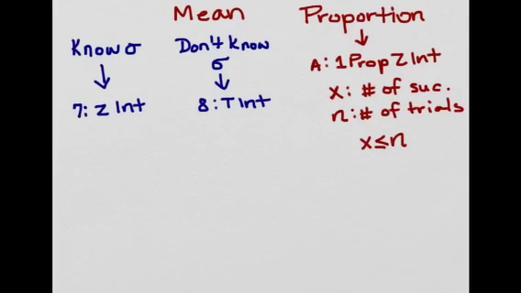So, how do I know if I know sigma for the problem? Well, here's the symbol for sigma. You can remember from back at the beginning of the semester that sigma is the population standard deviation.